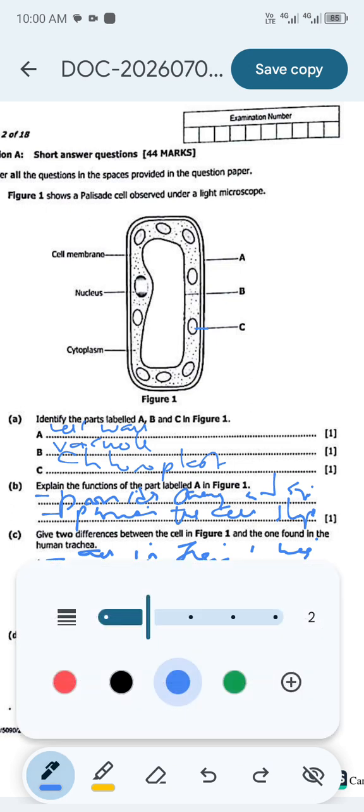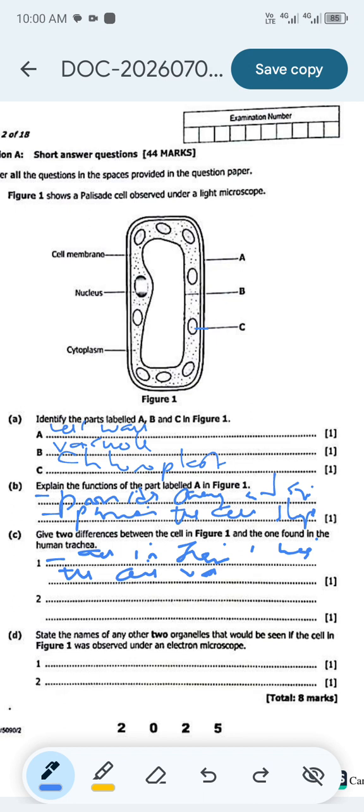The second difference is that the cell in figure 1 has a large vacuole, while the cell found in the trachea doesn't have a vacuole.